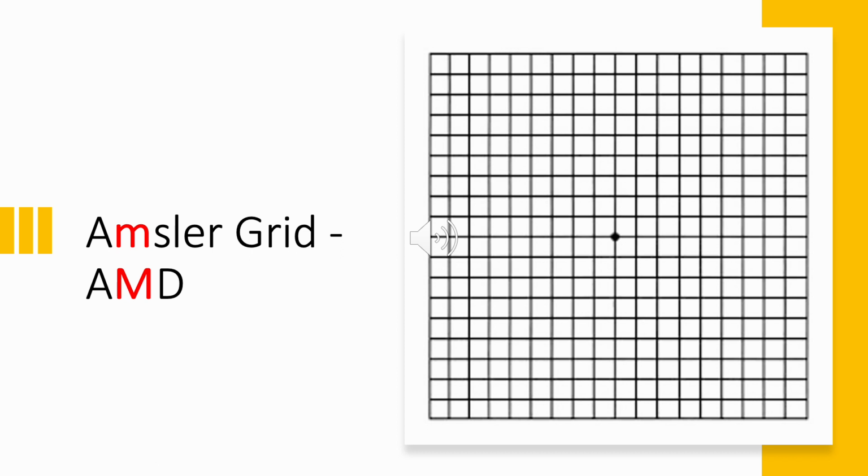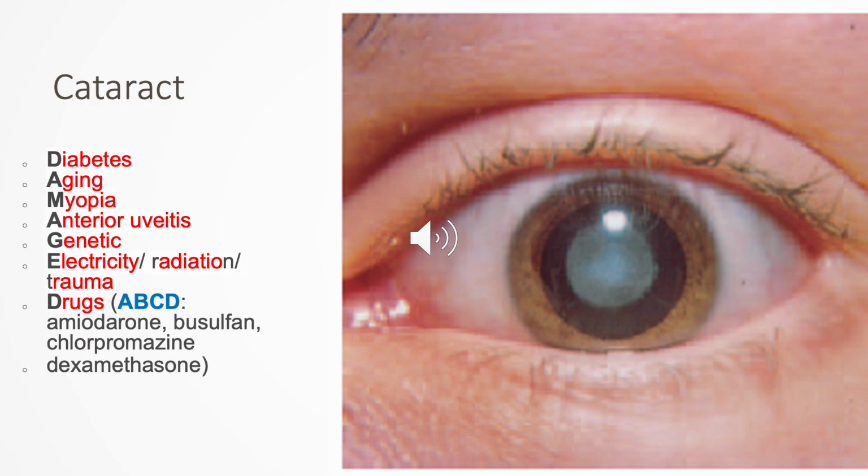This is a cataract, which describes opacity of the lens in the eyes, which then impairs vision. Some of the causes you can remember from the mnemonic DAMAGED. So diabetes, aging, myopia, which means nearsightedness, okay? So they can see near but not far.